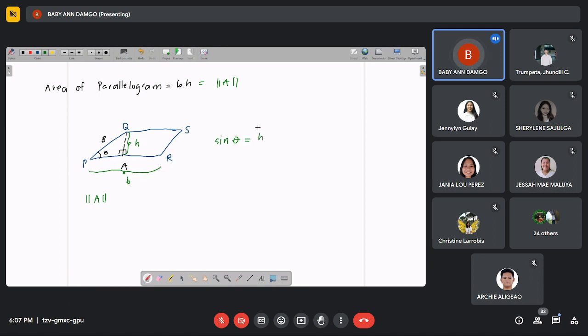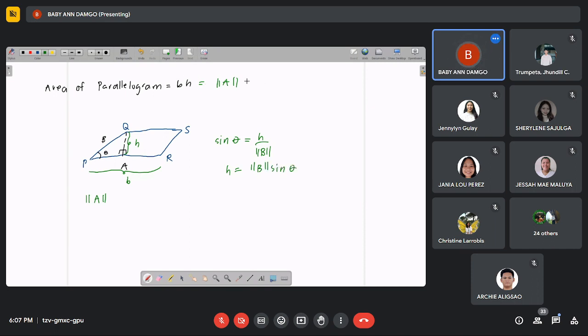Okay? H. And then opposite over hypotenuse, and our hypotenuse is B, the magnitude of B, because this is a distance. So H is equal to the magnitude of B sine theta.